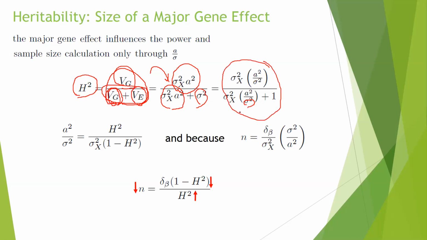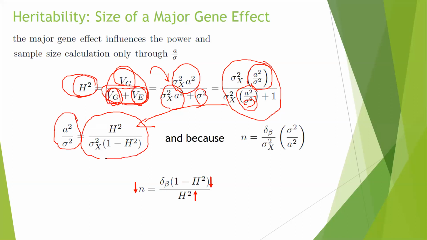Okay, got it. From here to here, you just rearrange this equation by treating this as a whole. And you rearrange this, so you get this ratio equals to this, right?